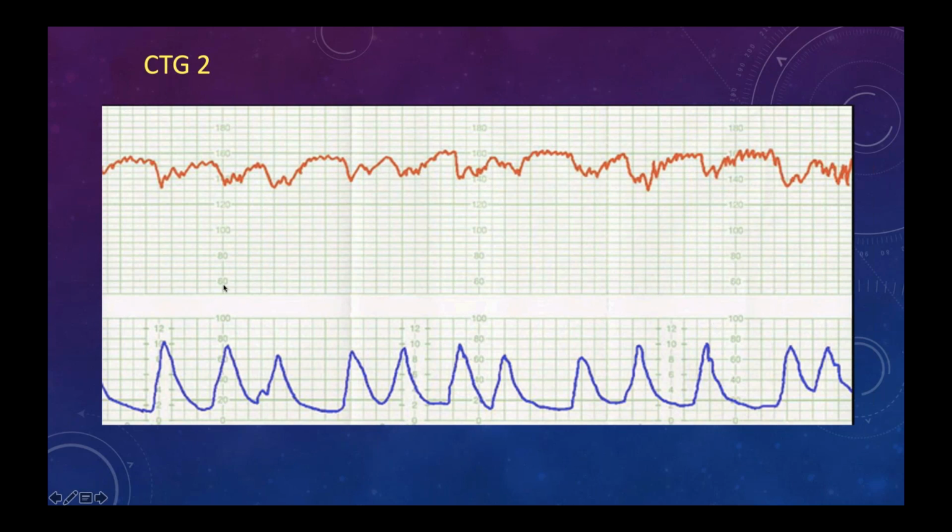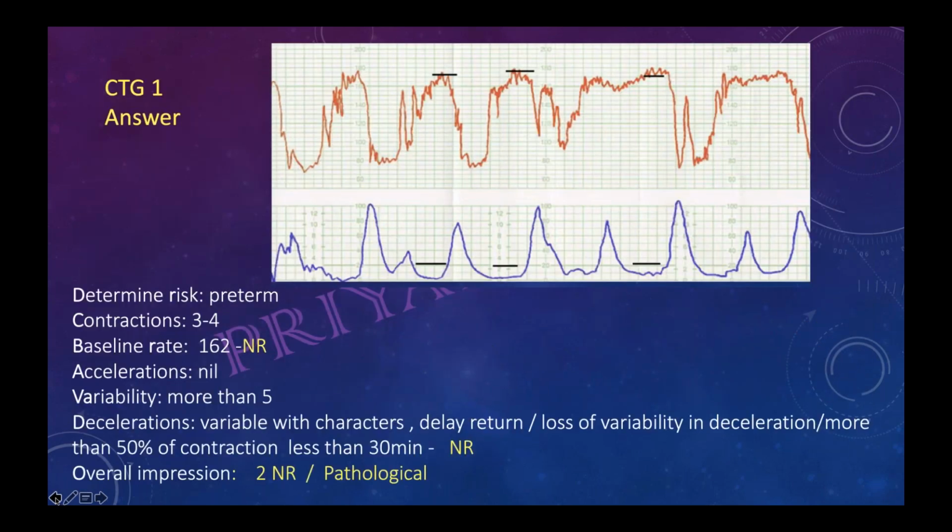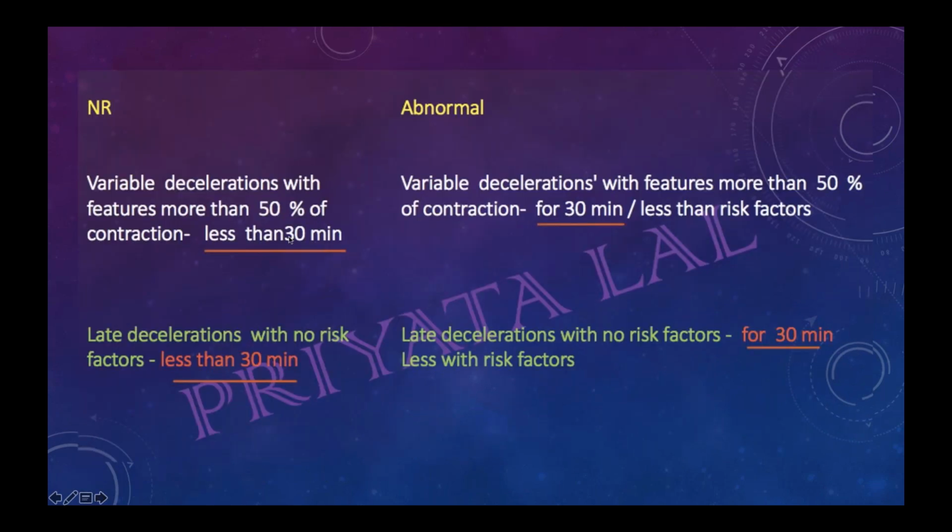And for how long is it there? It is less than 30 minutes. So less than 30 minutes with concerning features, more than 50%, you will put in which category?